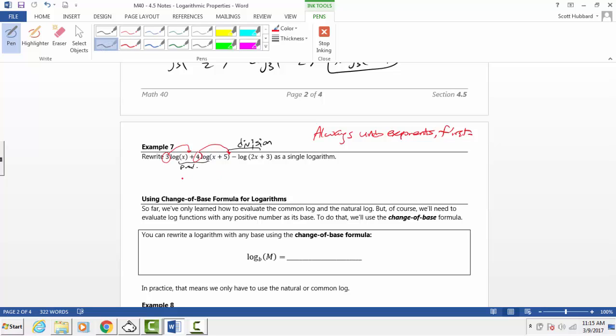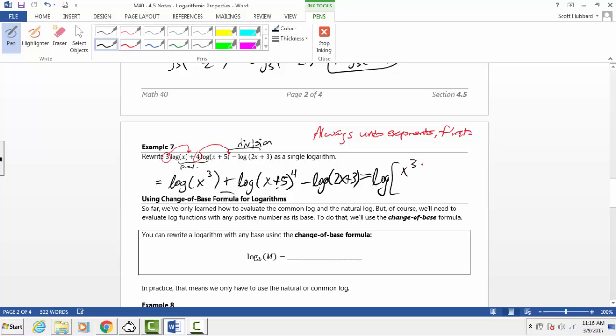So to do that, the first step is that this is going to become log x cubed plus log of x plus 5 to the 4th minus log, there's no exponent here. And then we can do the product rule and all that stuff backwards. This is going to become log of the x cubed, and the plus is going to become times.